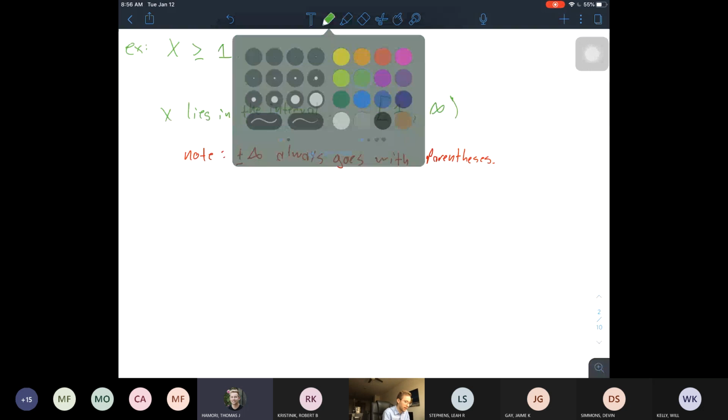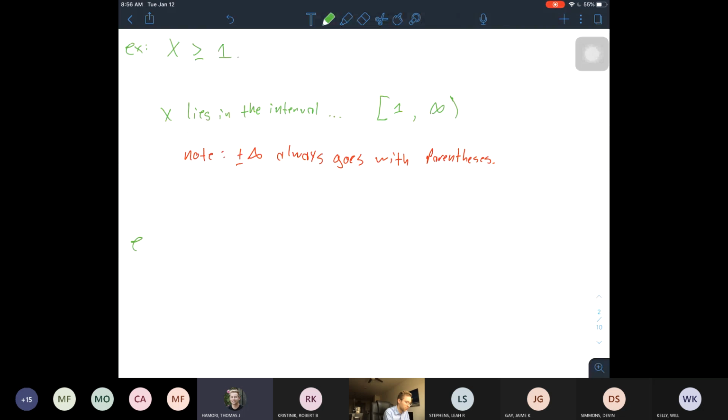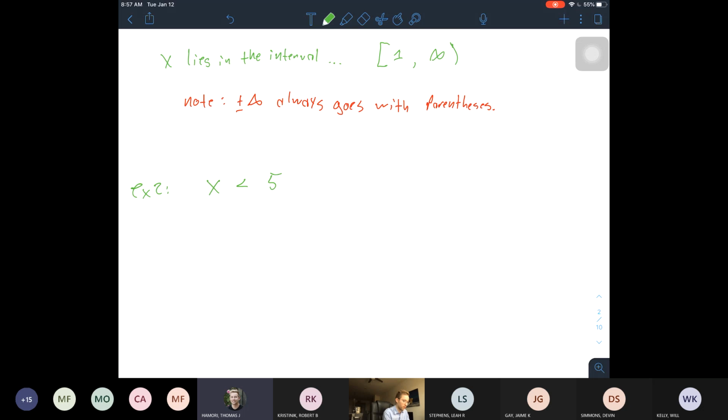So likewise, we might have something like x is less than 5. We might rewrite this as x lies in the interval negative infinity, comma, 5. And we would use a parentheses on the right-hand side. So in this case, our number line looks like: here's 5, and we go to the left, on and on forever.